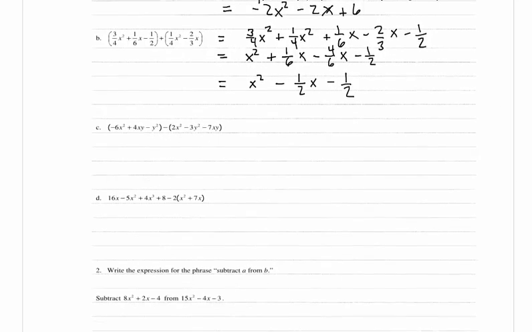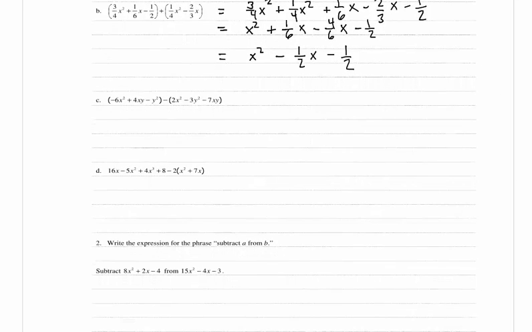In C, we have negative 6x squared plus 4xy minus y squared minus 2x squared minus 3y squared minus 7xy. So when you have a polynomial that has two variables in it, when you write it in descending order, we're going to write our x squared terms first, and then our xy terms, and then our y squared terms.